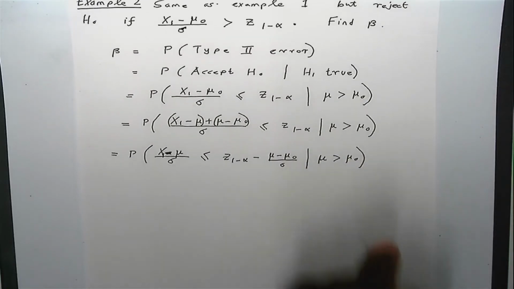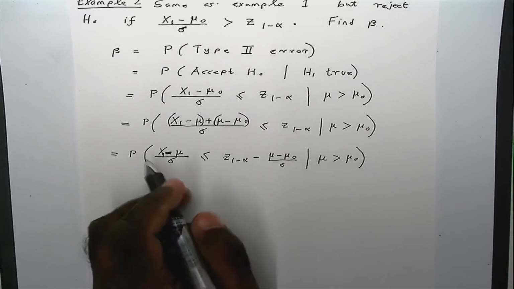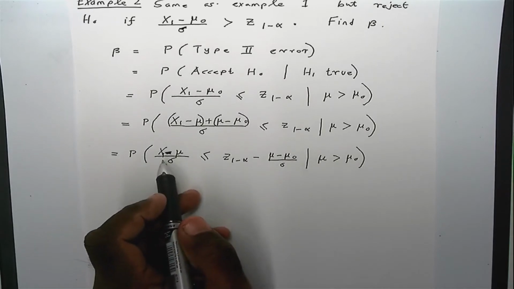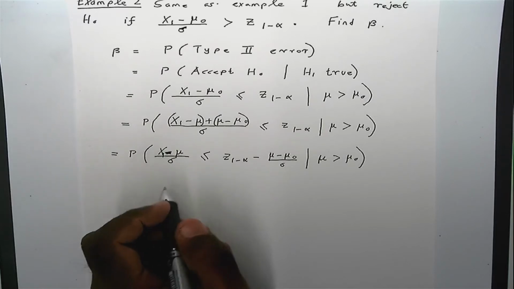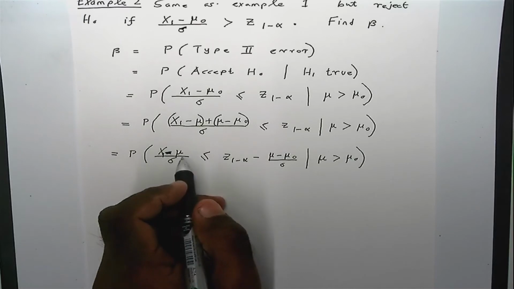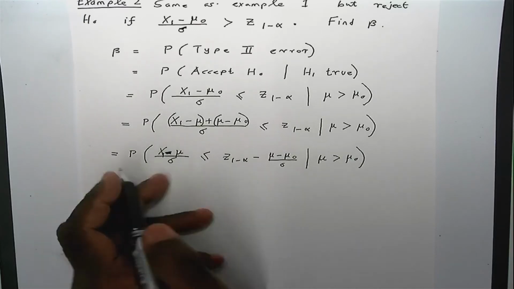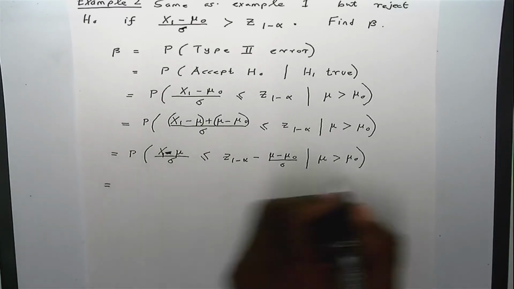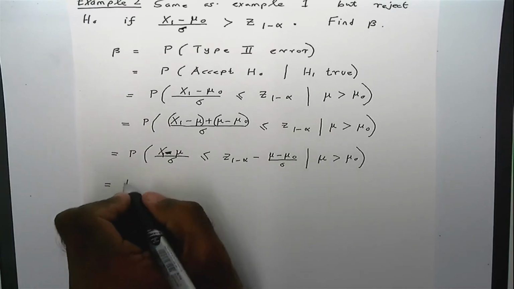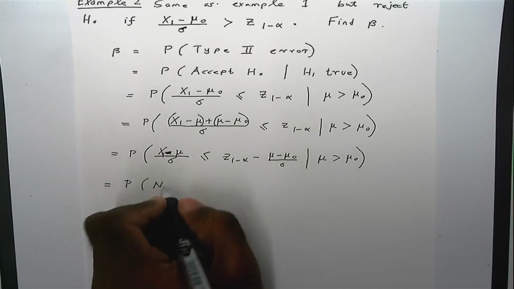Now, based on this conditioning, we know that x1 has a normal distribution with parameters mu and variance sigma squared. So x1 minus mu divided by sigma will, conditional on this, have the standard normal distribution.